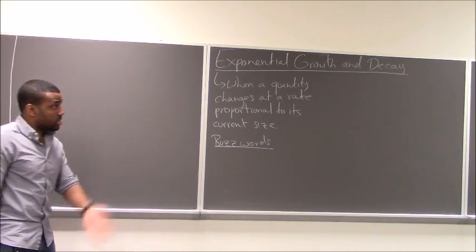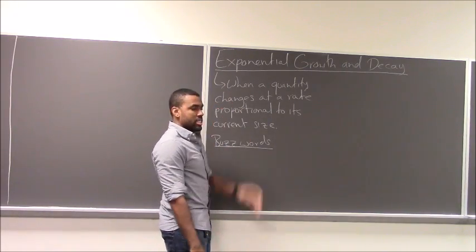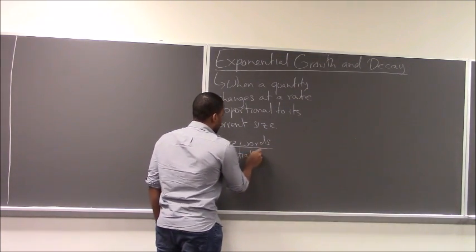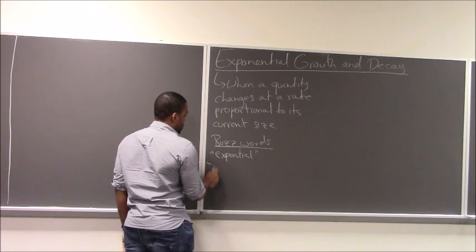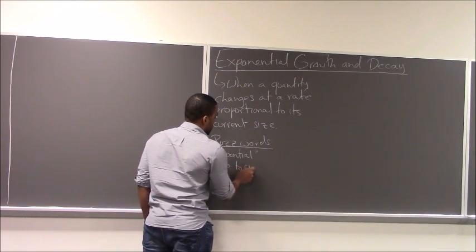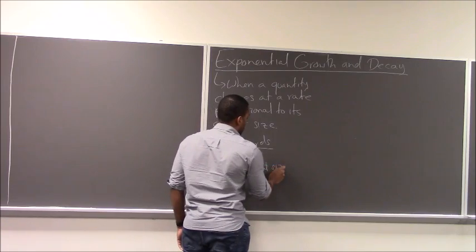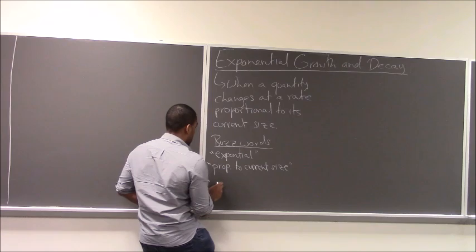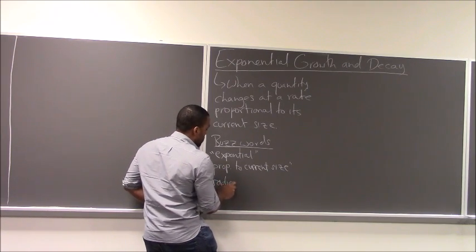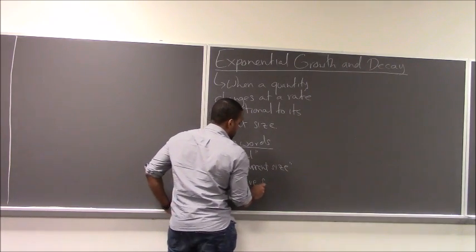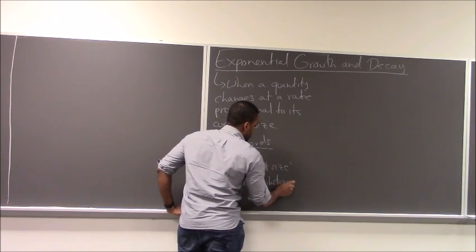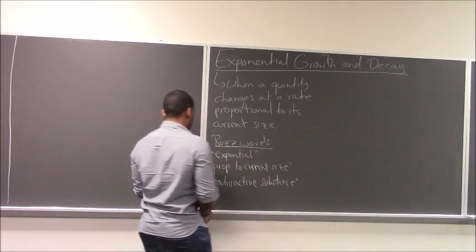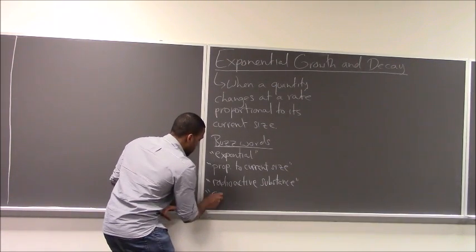Some things you would look at to know that you are looking at this kind of problem: well, the actual word exponential will usually show up, or you will see the phrase proportional to its current size, or something like radioactive. Usually it would apply to populations. You'll also see things like compounded continuously.